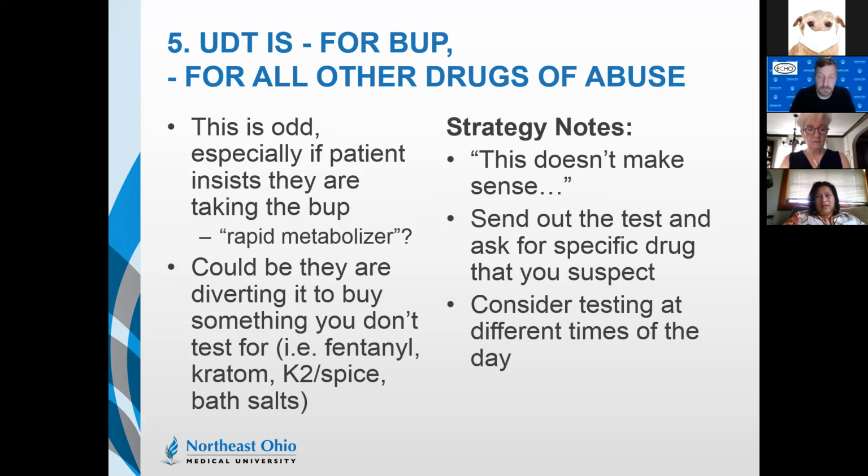Sometimes if they're breaking it up too many times during the day, like taking it 4 times a day, or they're a rapid metabolizer, that could be a reason you don't see it. The other obvious explanation is they're diverting it to sell it for something that you don't test for, which is why you don't see it in terms of the other drugs of abuse.